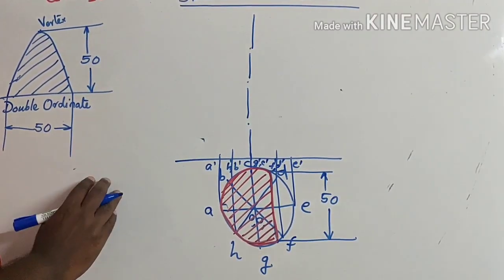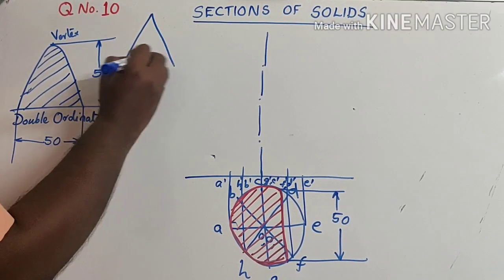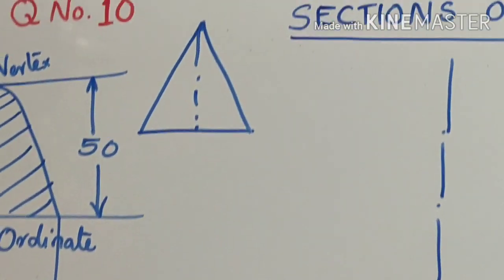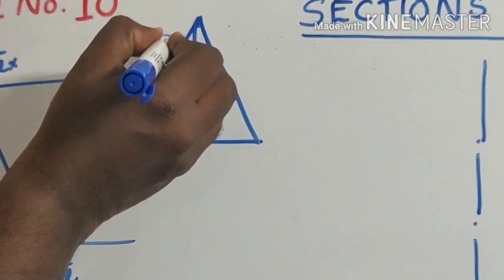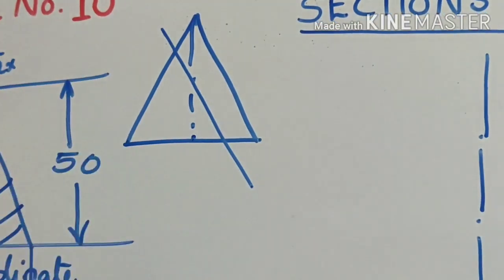Before drawing the front view, again I am showing you the front view of the cone. If you have a parabola as a section, there should be a section which should be parallel to the generator.